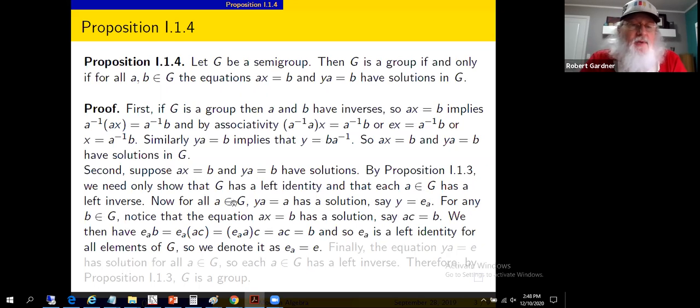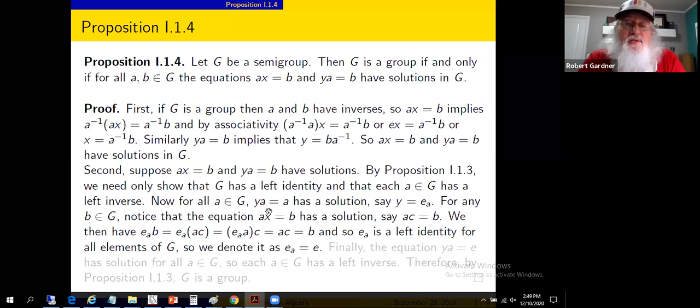Take any B in the group. The equation AX equals B has a solution. Say A times C equals B. So let C be a solution to that equation. Now let's consider E sub A times B. Well, we just said B is of the form A times C. Associativity allows us to associate the E sub A and the A. I know what E sub A times A is.